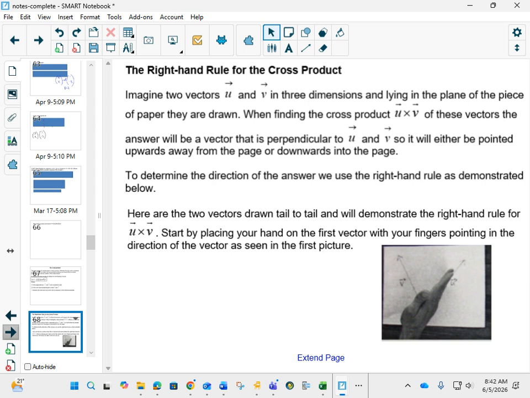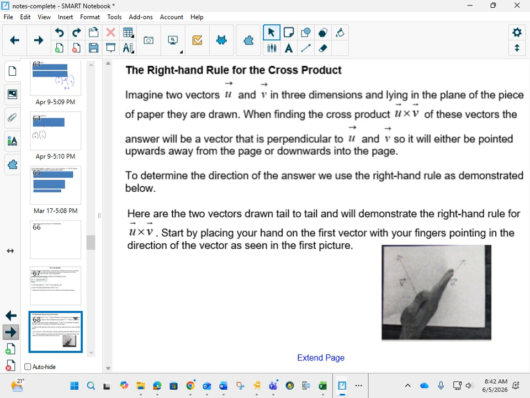And the way that you can figure it out with the right-hand rule is you draw both of your vectors, u and v, and you put your hand on the first vector, pointing in the direction of the vector. So here in the diagram, I've got my hand pointing. It has to be your right hand. If you try this with your left hand, it goes wrong.